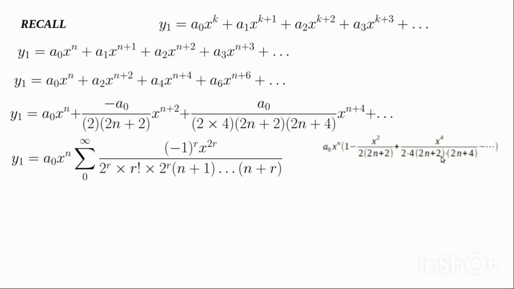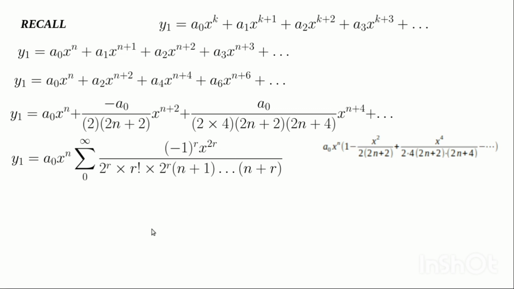Then for this expansion, we can factorize 2 out, which is 2 raised power r. Then we are left with n plus 1, n plus 2, n plus 3, down to n plus r, which is this term. So that's how this term is gotten.